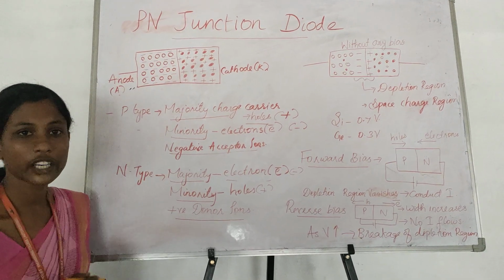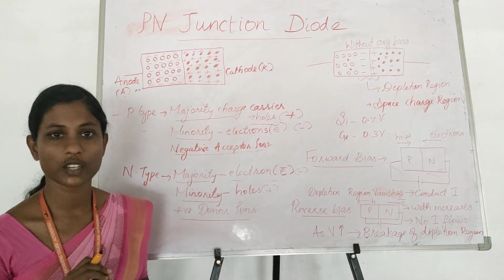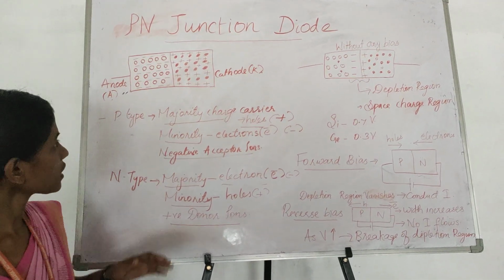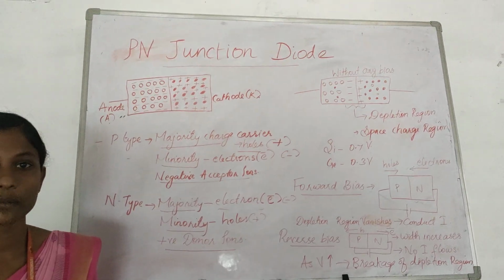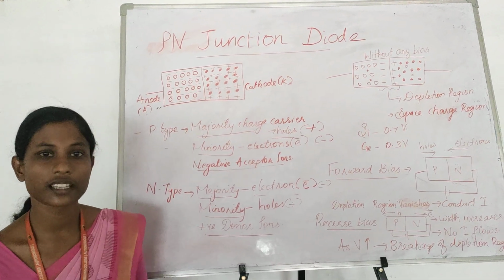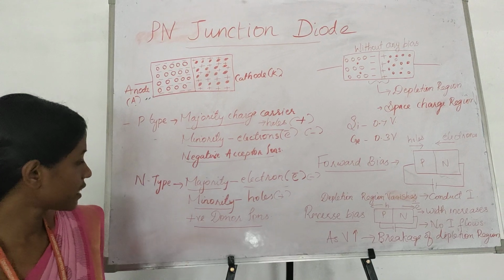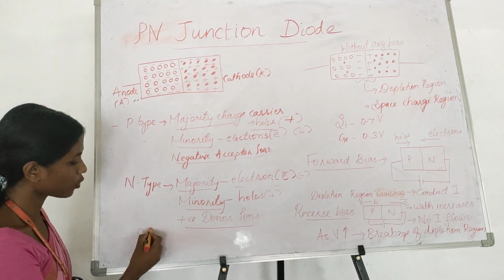The formation of minority charge carriers is due to a process called thermal generation or thermal breakdown of covalent bonds. When impurities like P-type or N-type impurity form covalent bonds with the silicon or germanium semiconductor, and temperature increases, there is a possibility of breaking the covalent bonds. When a bond breaks, electron-hole pairs are formed.